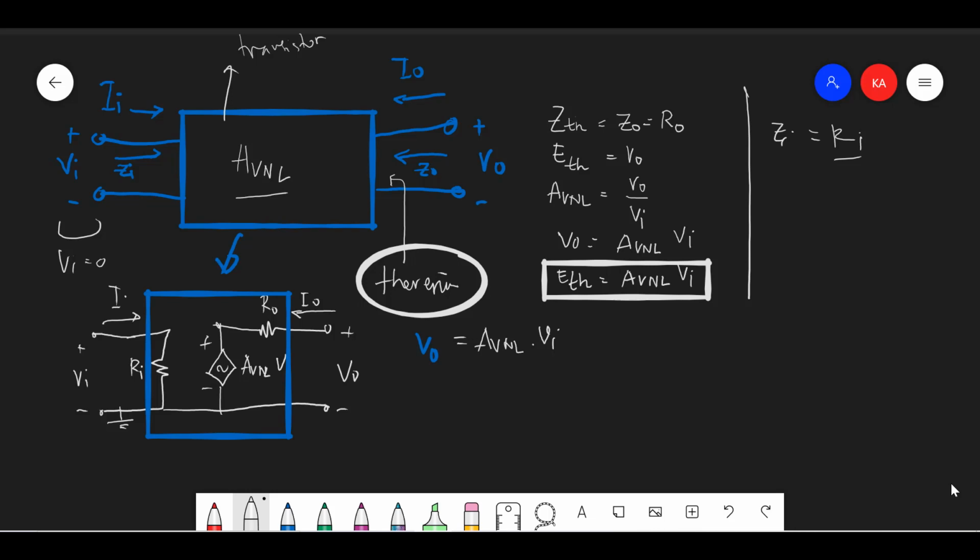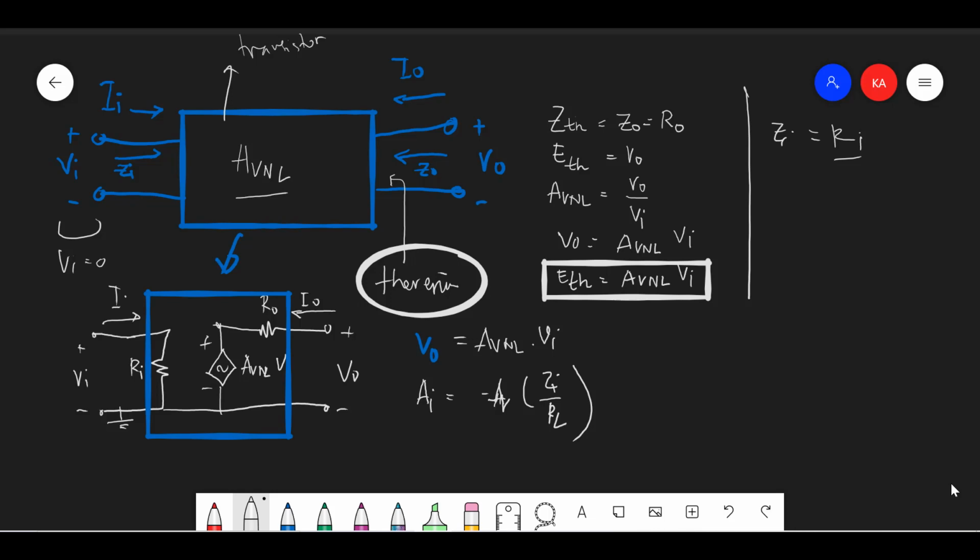And then here we can also determine the AI, the current gain, which is equal to minus AV·ZI per RL. AV is the voltage gain, ZI is the impedance, and RL is the load resistor.